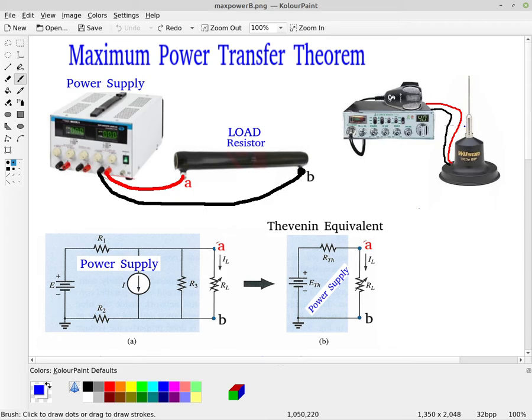So we want the maximum amount of power possible getting to the load. In this case I just have a generic resistor as a load, but in the radio the antenna is the load.